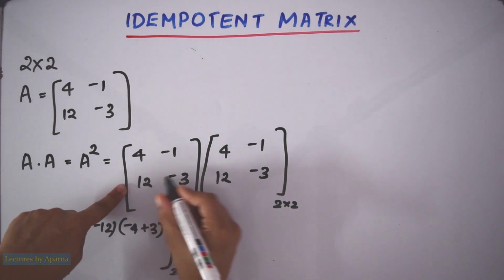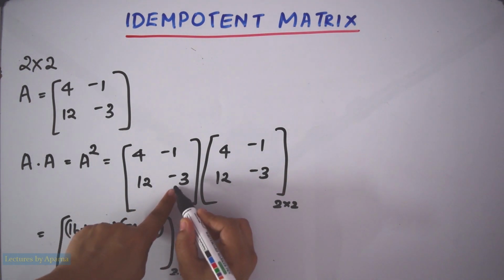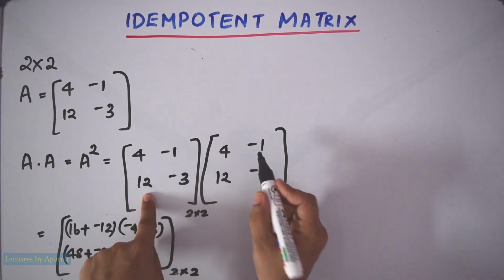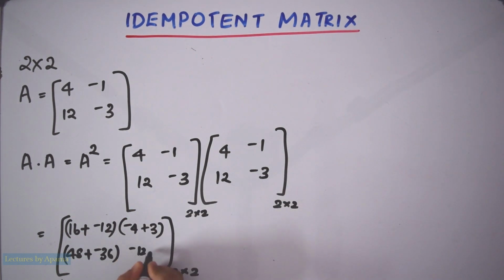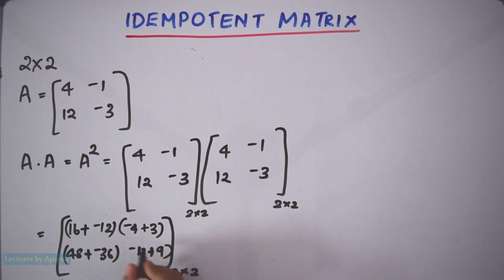Next is 12 into 4, 48 plus minus 3 into 12, that is minus 36. Next is 12 into minus 1, minus 12 plus minus 3 into minus 3, 9.